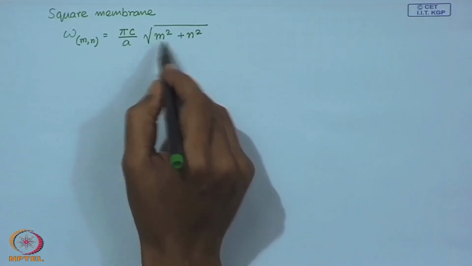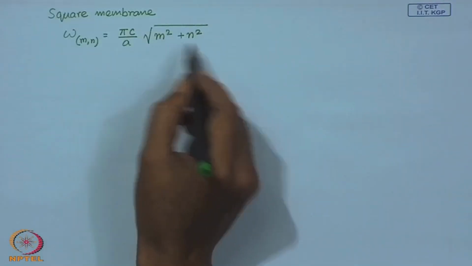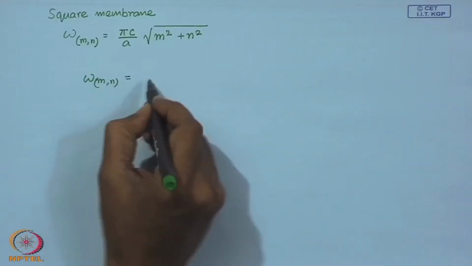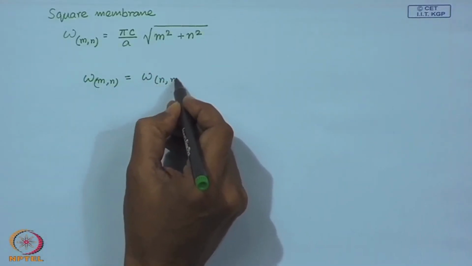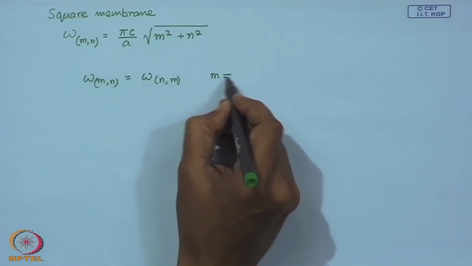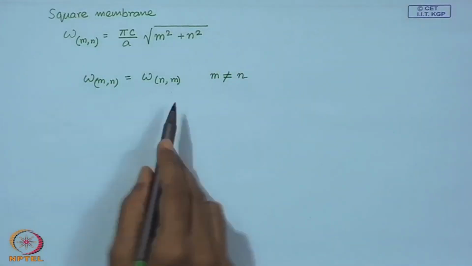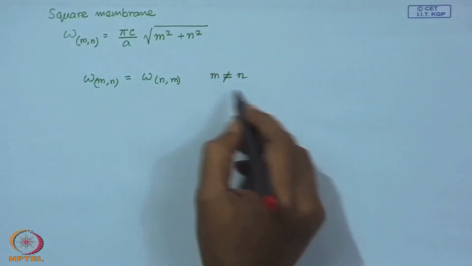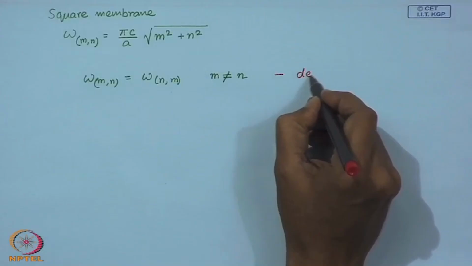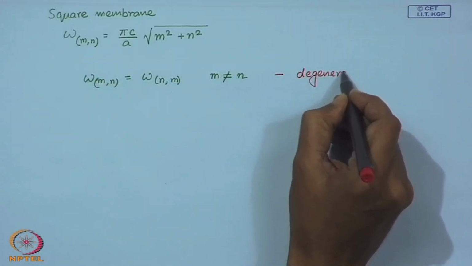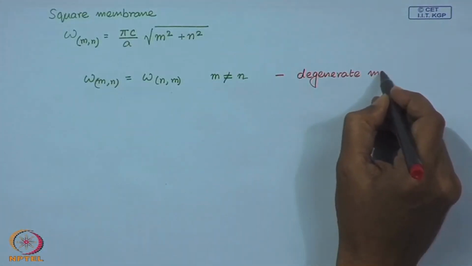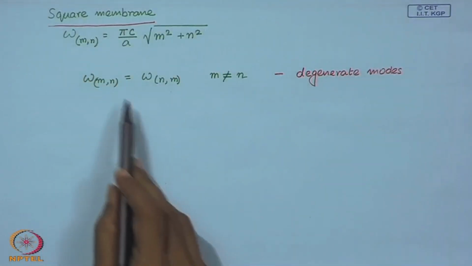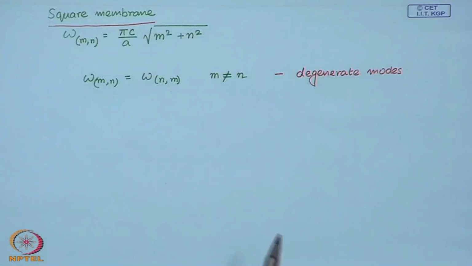So, square root of m square plus n square. So, you will find that omega m n is equal to omega n comma m, where m not equal to n, and then these are degenerate modes. So, for the square membrane, all modes with m not equal to n are degenerate modes.